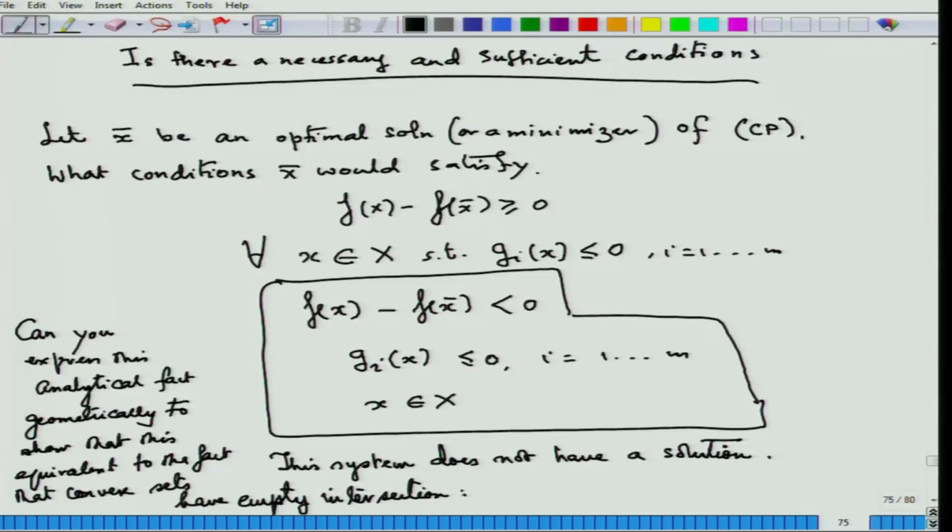Now, in optimization theory a lot of such systems come. You will keep on applying these systems.